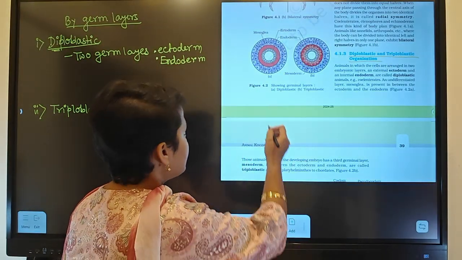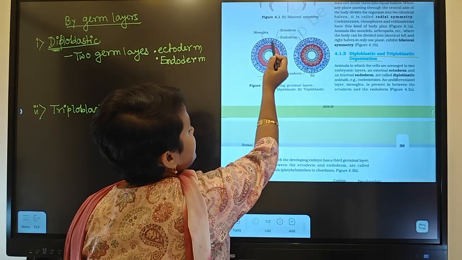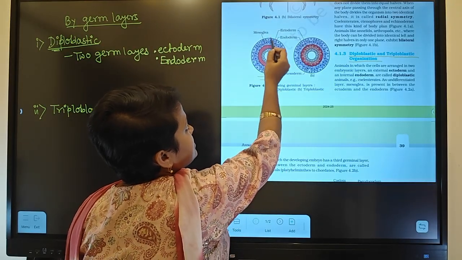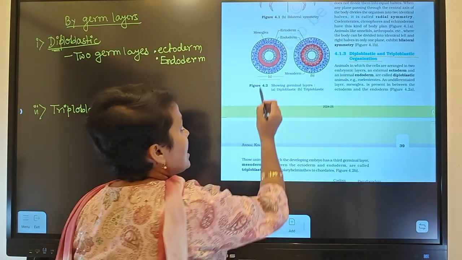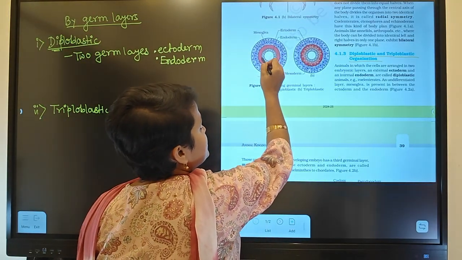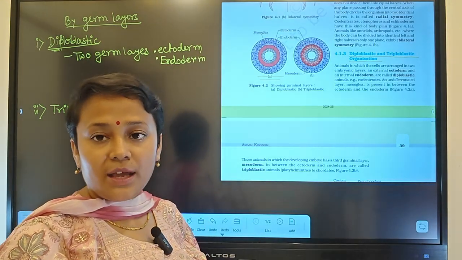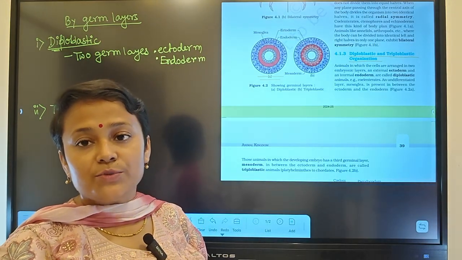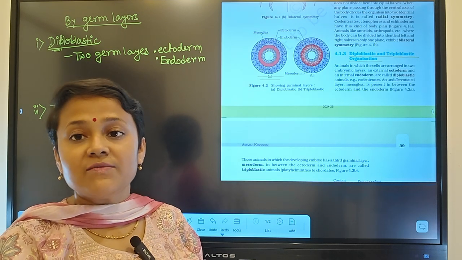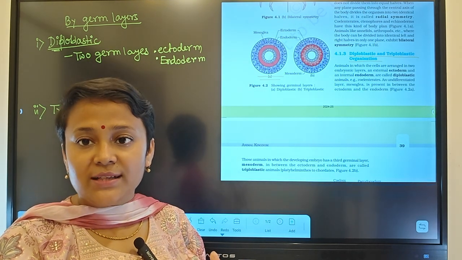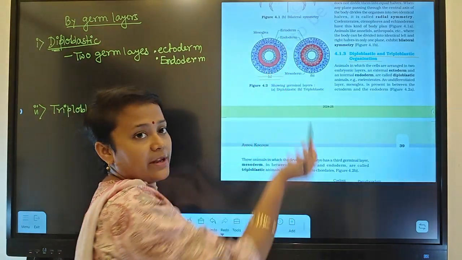Here you can see the diagram in NCERT. You can see the outer layer is called ectoderm, the purple one, and the black one, the inner layer, is called endoderm. Ectoderm and endoderm are cellular layers. As I told, the zygote divides to make a mass of cells, and these cells differentiate into germ layers.